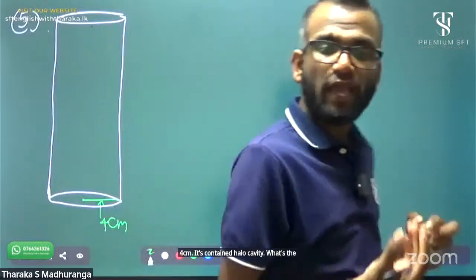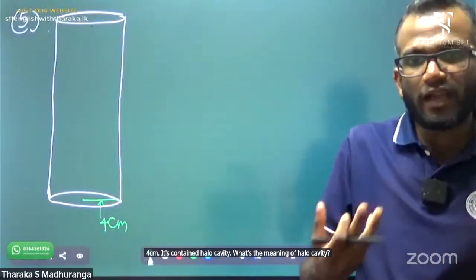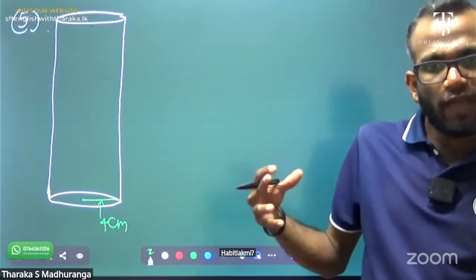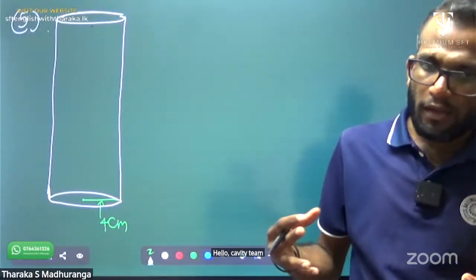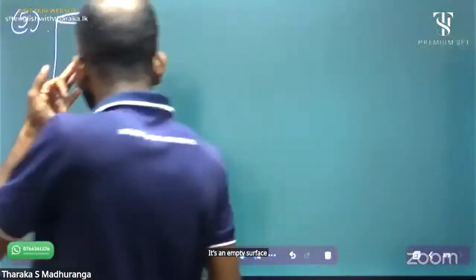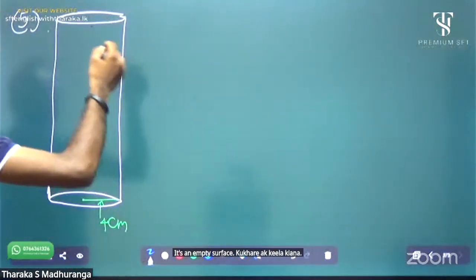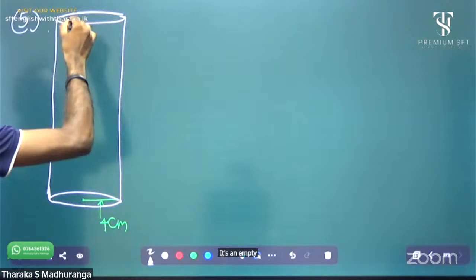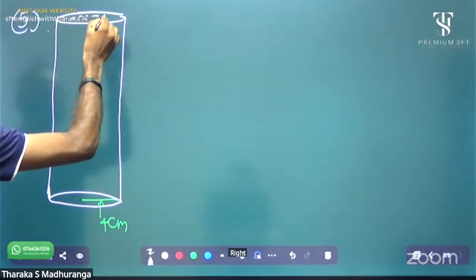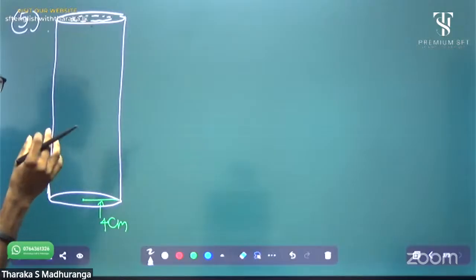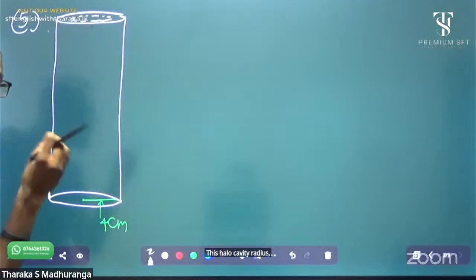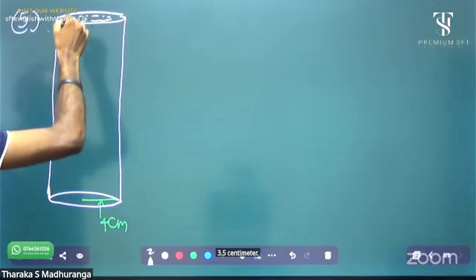What's the meaning of hollow cavity? Hollow cavity means it's an empty space. Write it like this. This hollow cavity has radius 3.5 centimeter.